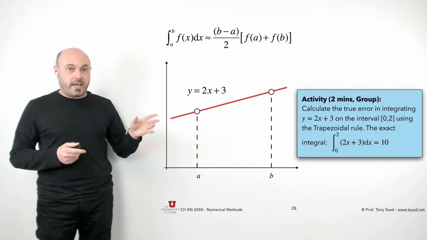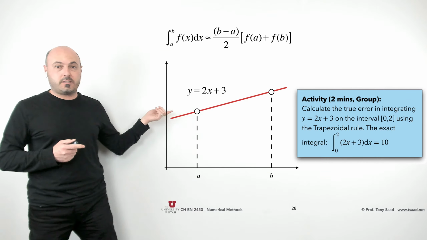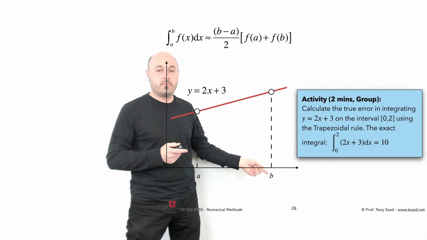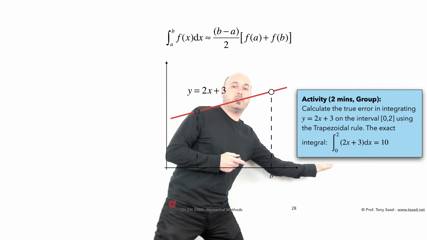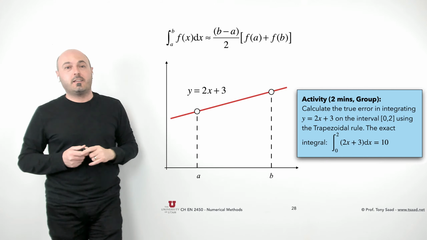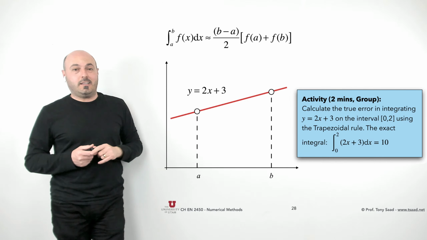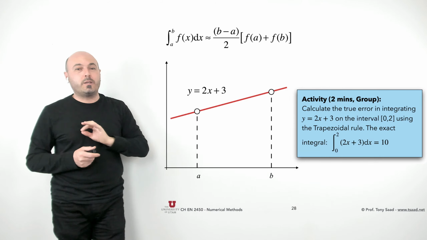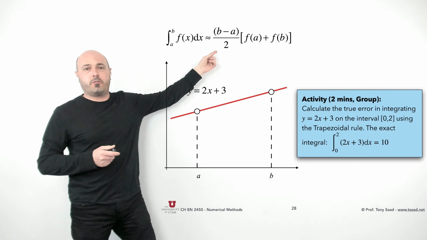Okay. So now I'm going to ask you a challenge question, an activity question. Calculate the true error integrating this function 2x plus 3 from 0 to 2. So calculate this integral, approximate it using the trapezoidal rule. Now, if you can do this without doing any calculations, this is the formula for the trapezoidal rule.